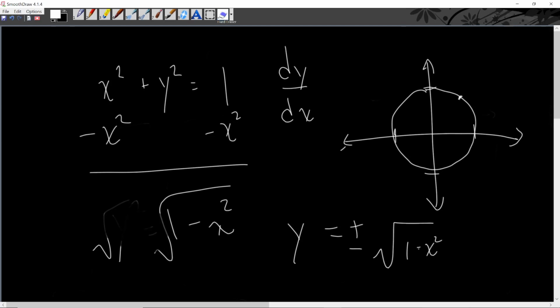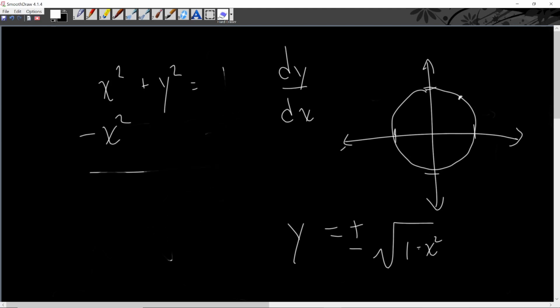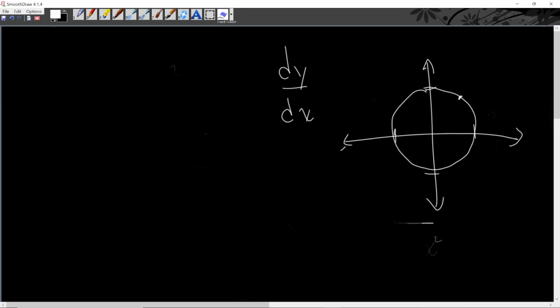Well, you can split it into two functions. You can split it into y equals the square root of 1 minus x squared and y equals negative the square root of 1 minus x squared. But there's a much simpler and more accurate way of doing this. And you can't really do that because y isn't a function. A function needs to pass the vertical line test.